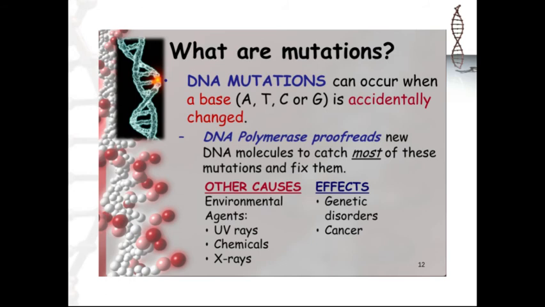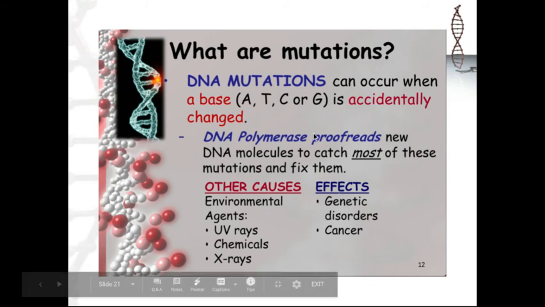Now, the whole idea of mutations here, and why I'm having you watch the mutations video by Amoeba Sisters, is that it covers mutations in more detail, because it covers gene mutations as well as chromosomal mutations. We're only talking about gene mutations right now. We're going to come back to chromosomal mutations when we talk about meiosis, that process I talked about earlier.